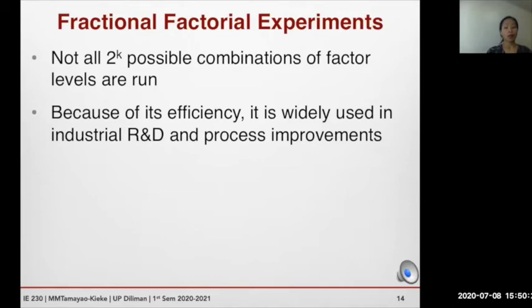The technique called fractional factorial experiment enables the experimenter to not run all the 2 to the k possible combinations of factor levels. This technique is a variation of the basic factorial design, wherein only a subset of the runs is used. Because of its efficiency, fractional factorial designs are used widely in industrial R&D and for process improvements.